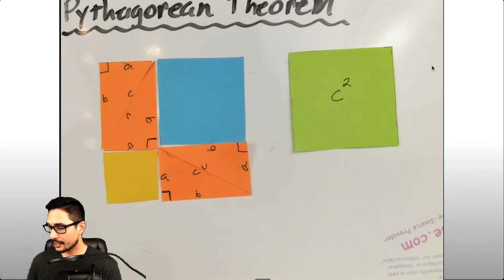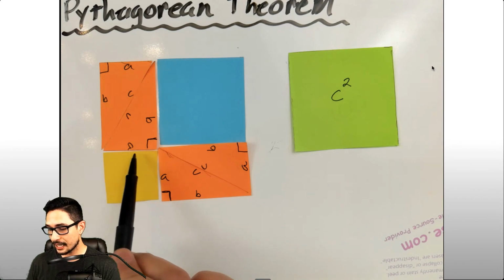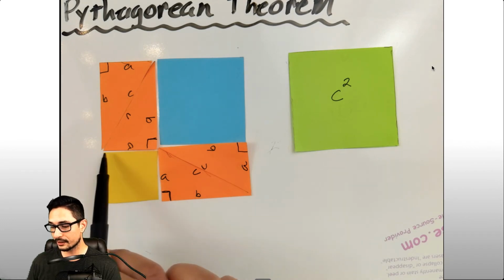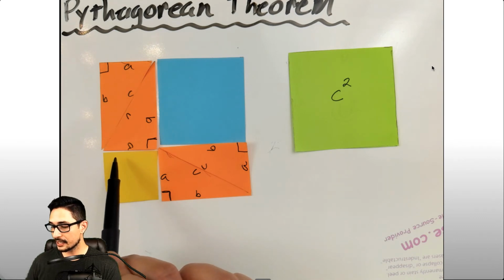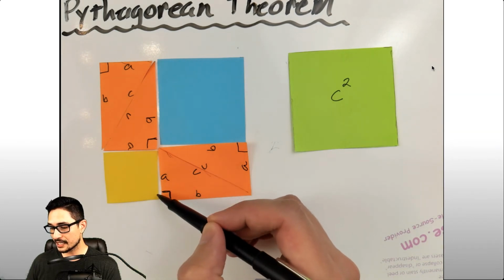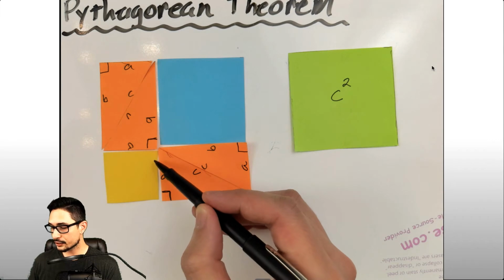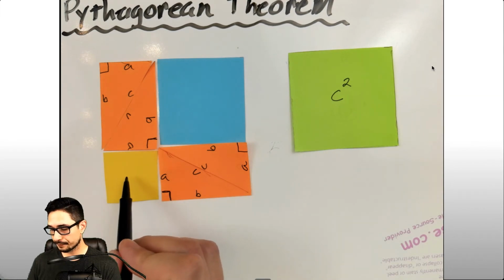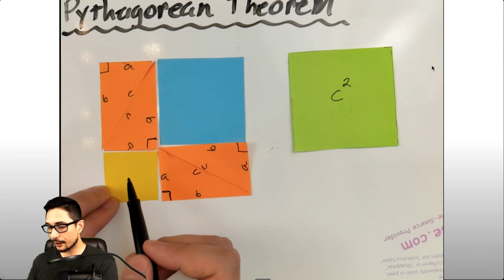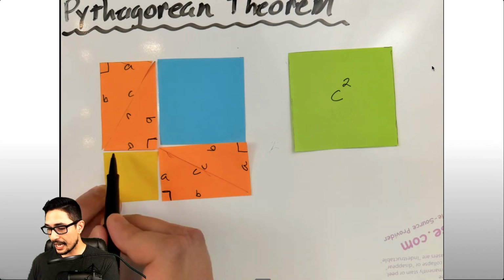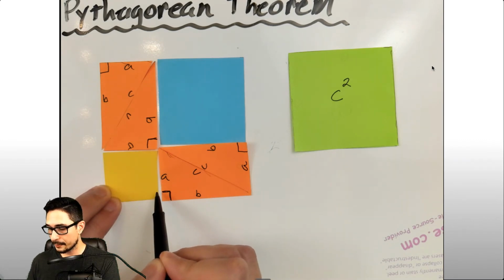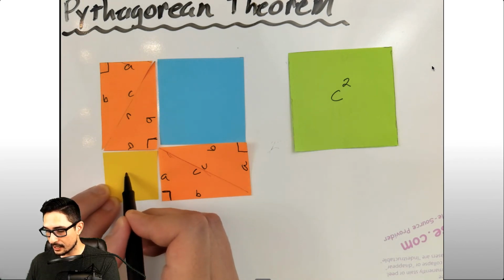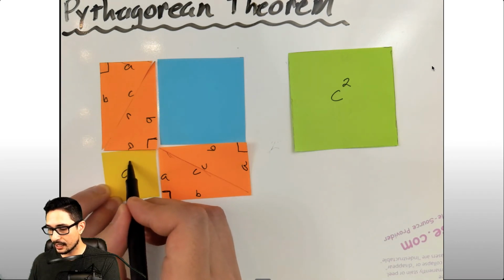The yellow square, this top side has a length of a. This also on the side has a length of a. So if we take the area of this square in the middle, this is a times a, which gives me a squared.